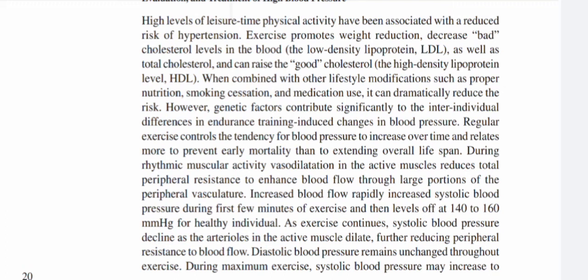Regular exercise controls the tendency for blood pressure to increase over time and relates more to preventing early mortality than to extending overall lifespan. During rhythmic muscular activity, vasodilatation in the active muscles reduces total peripheral resistance to enhance blood flow through a large portion of the peripheral vasculature.